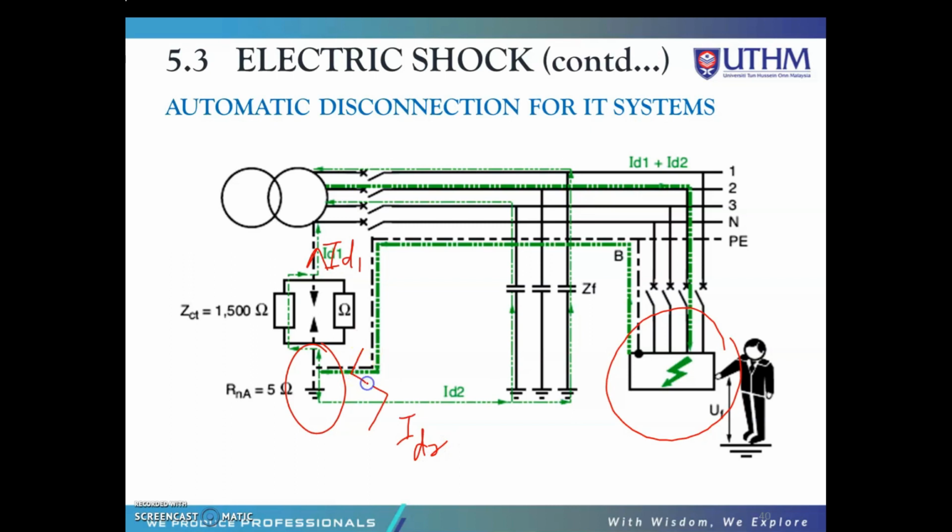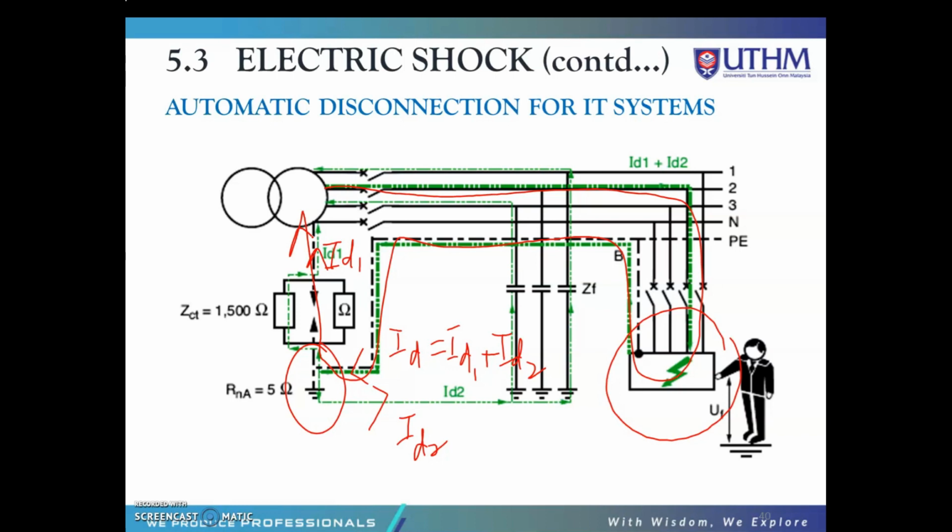So the current passing through this RNA resistance is ID equal to ID1 plus ID2. From here, go here, and then go there. That is the current.